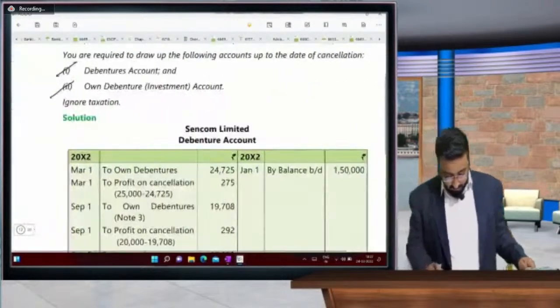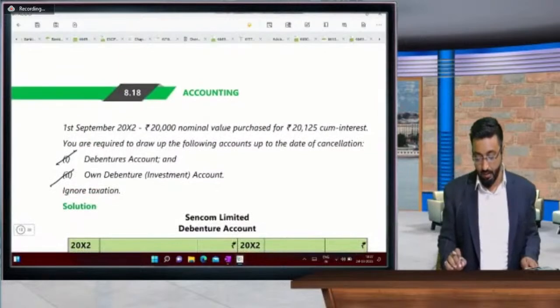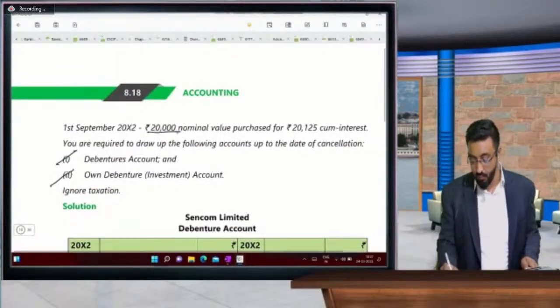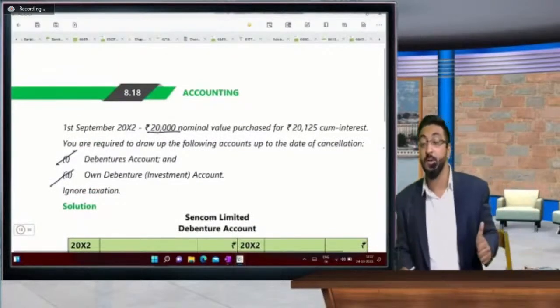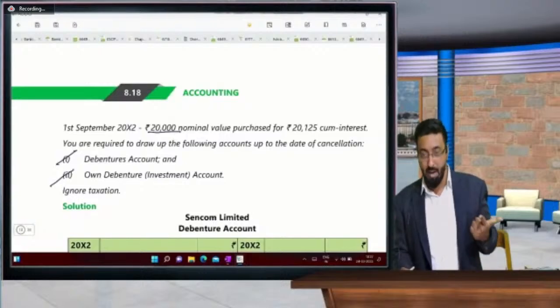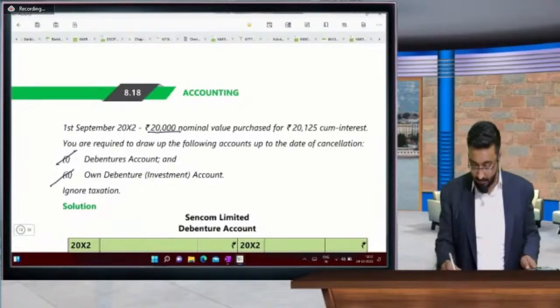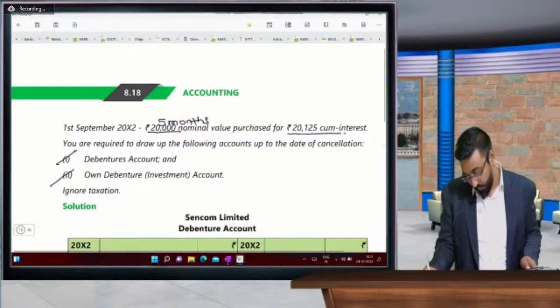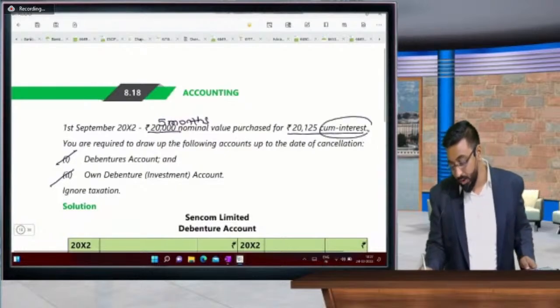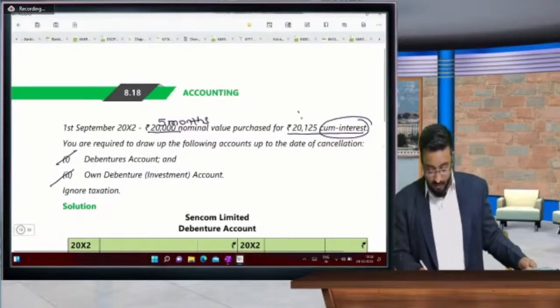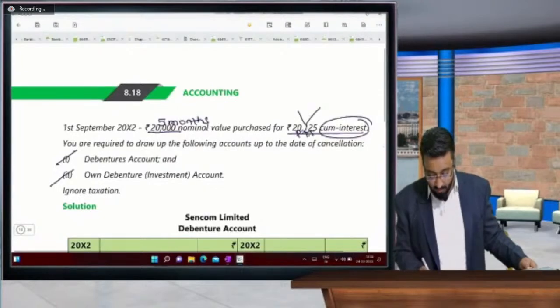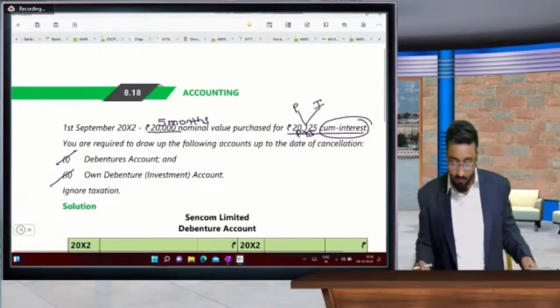Next date, 1st September. Last interest was paid on 31st March: April, May, June, July, August. Again 5 months. But this time it is cum-interest, so this is principal plus interest, and we have to bifurcate it into principal and interest.